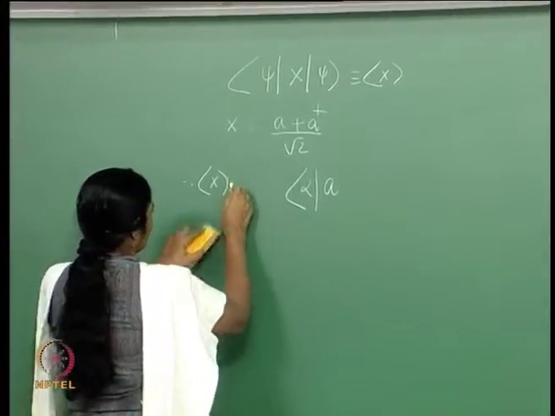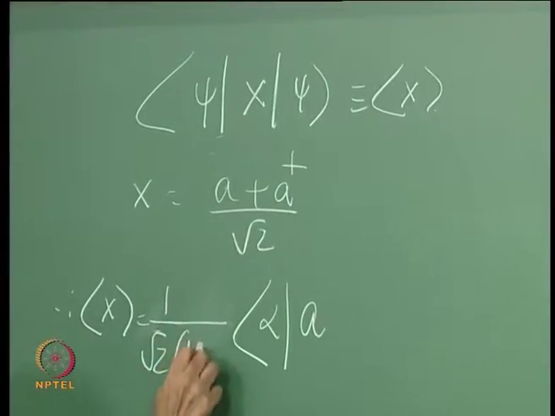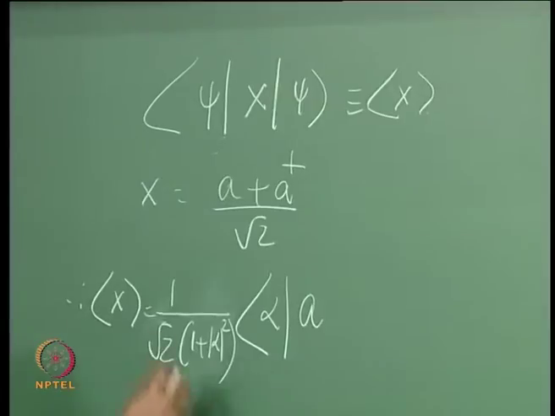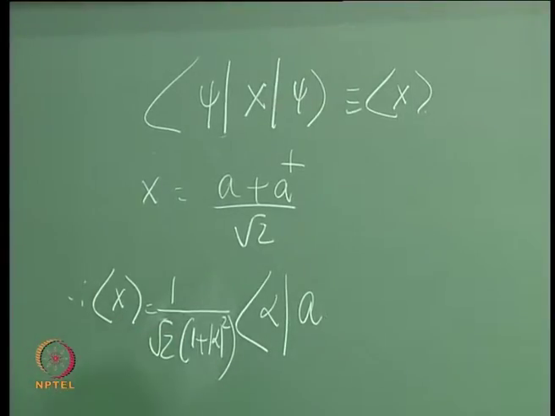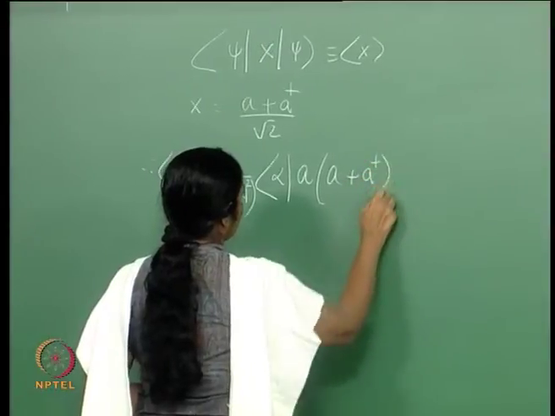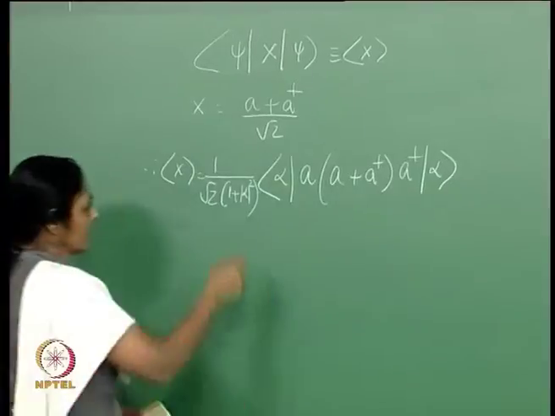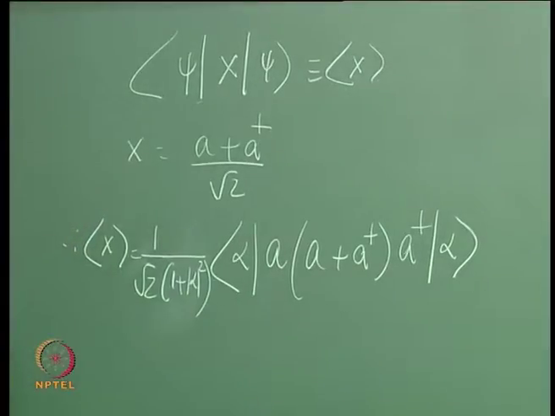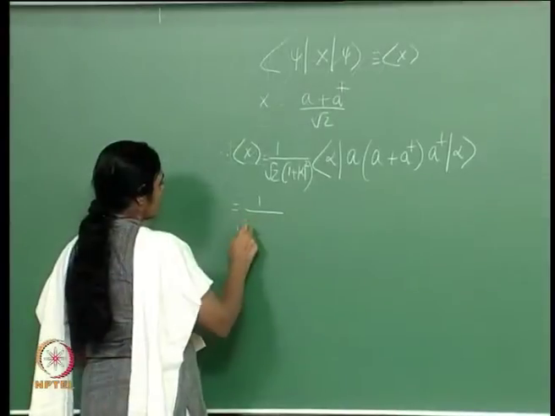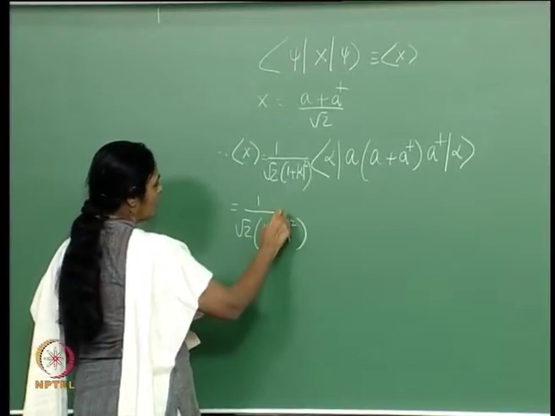So, a 1 by root 2 that came from x and a 1 plus mod alpha squared that comes from the normalization of the state, A plus A dagger on ket alpha. So, this is what I have. Now, that is just 1 by root 2 mod 1 plus mod alpha squared.